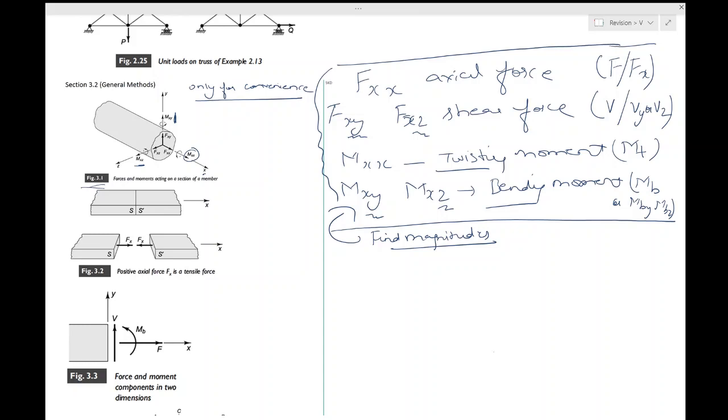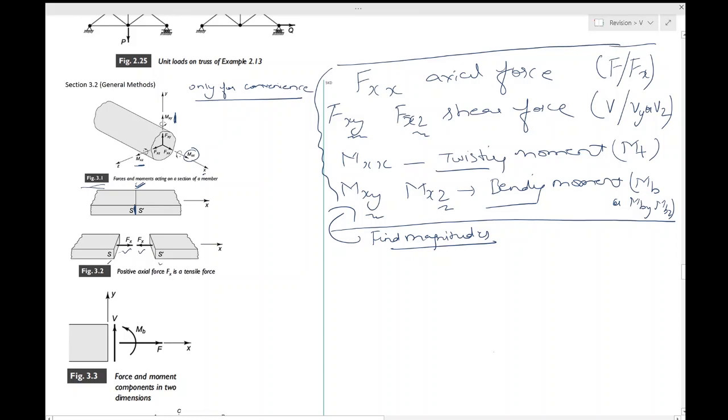Okay, so there is also some sort of a consistency which we follow. So when you write, for example, a tensile force, and this is how you have virtually or hypothetically cut this, and you call this S and call this S dash. And if you show fx, which is outward normal, positive in this, the other fx has to be like this, because of Newton's third law, because this particular intersection is in equilibrium.